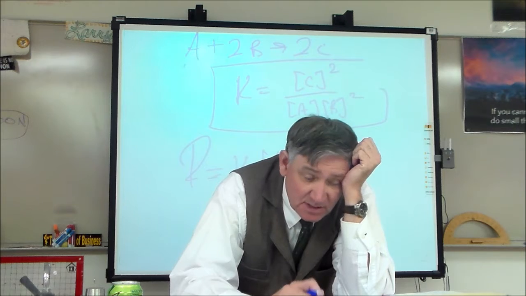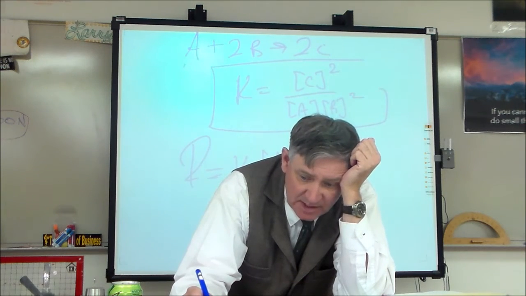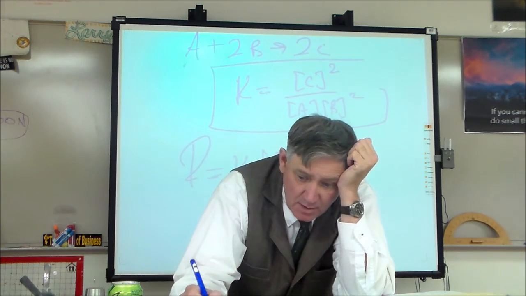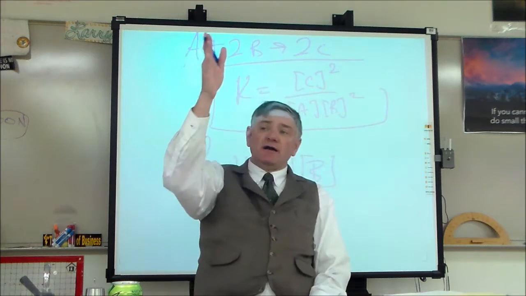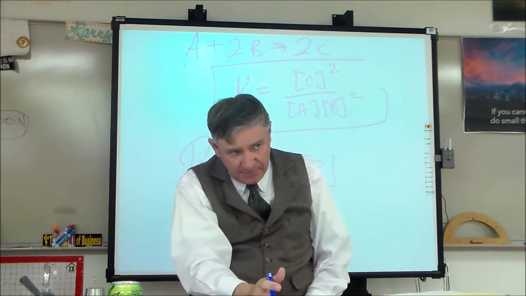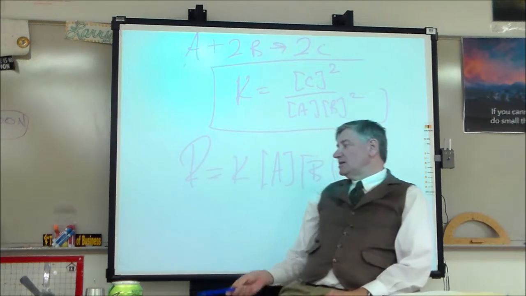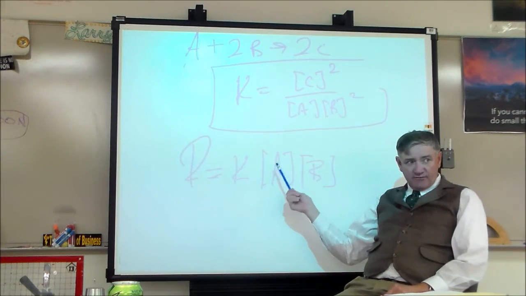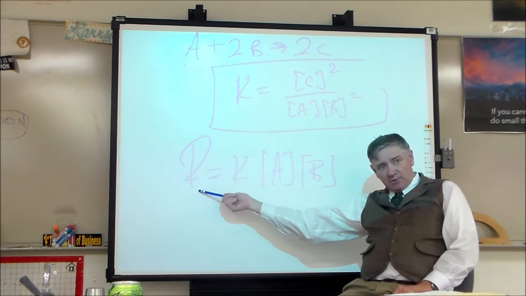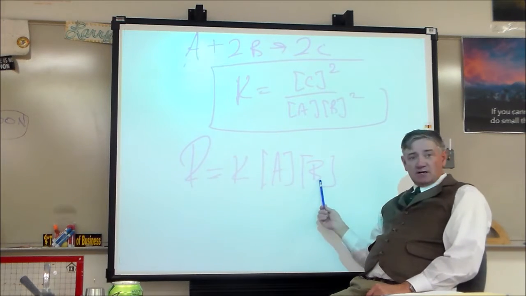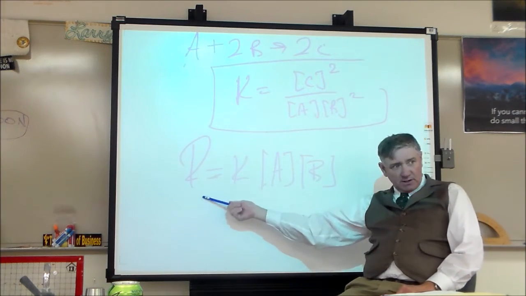What you should see on that first one is that it's first order with respect to A and first order with respect to B. So what this means is that if I double the concentration of A, I'm going to double my rate. If I double the concentration of B, I'm going to double my rate.